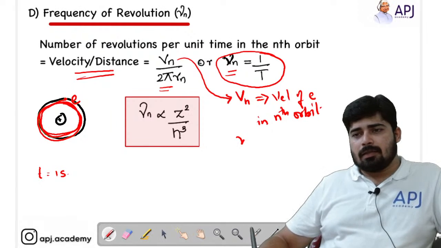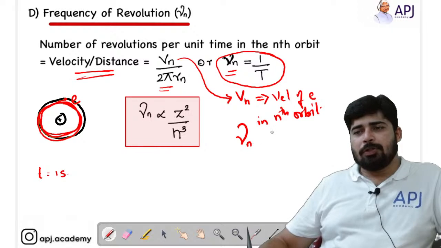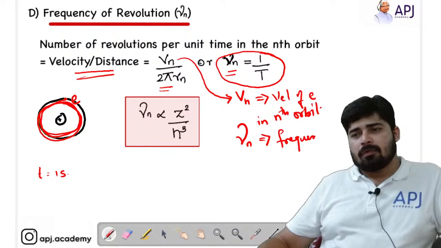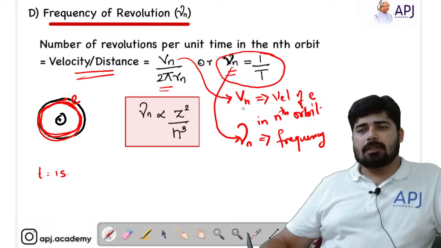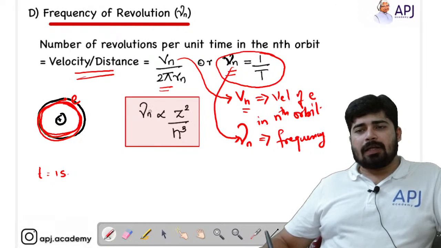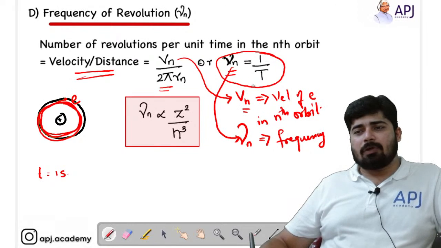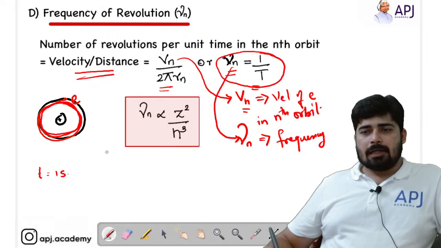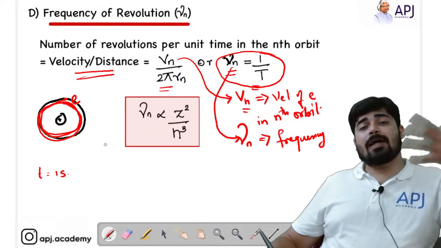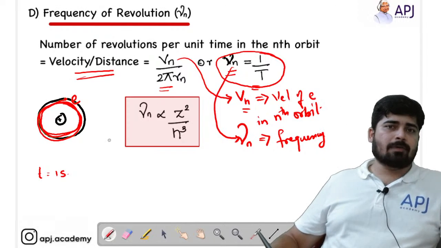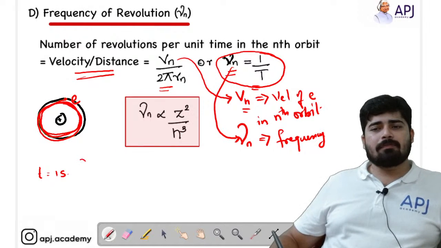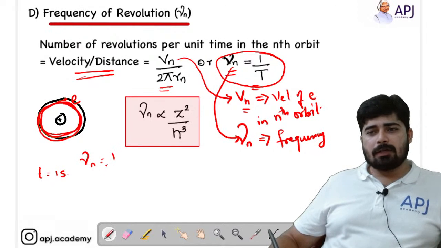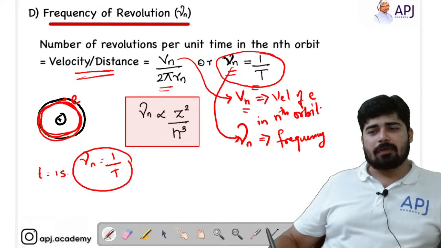And this frequency is nu n. This is how we represent it. Don't get confused with both the terms. This is nu n, that is frequency. This is Vn, that is velocity. So frequency is equal to 1 by t, the inverse of time period. That means if the time period is given and you want to find the frequency, then simply take the inverse of the time period.